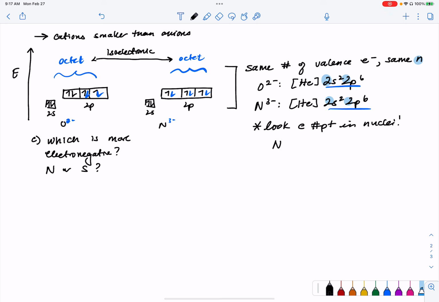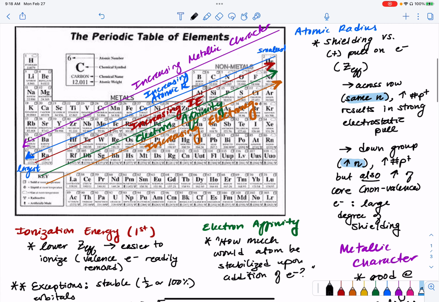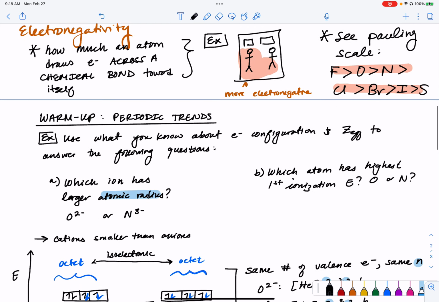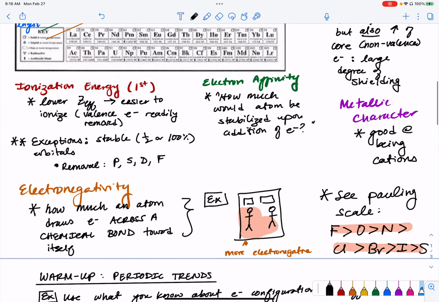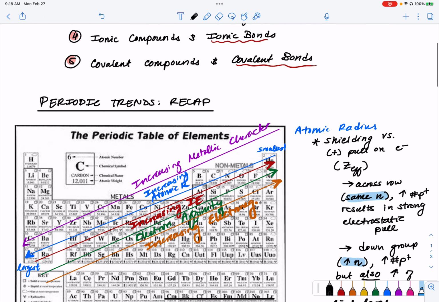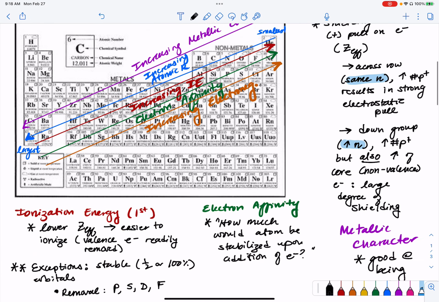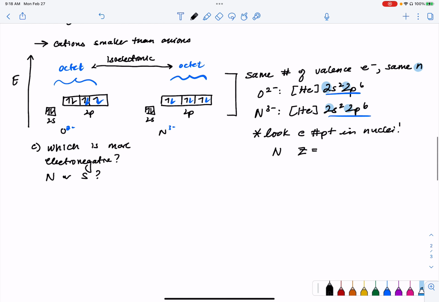So remember, nitrogen has an atomic number of, let's go back to our periodic table, 7, right? Am I counting right? 4, 5, 6, 7, yes. And oxygen has 8.